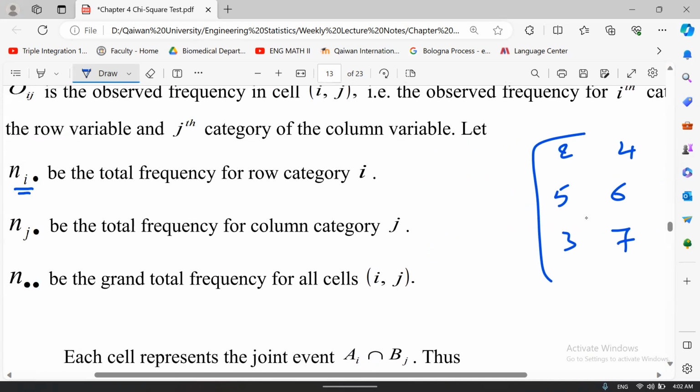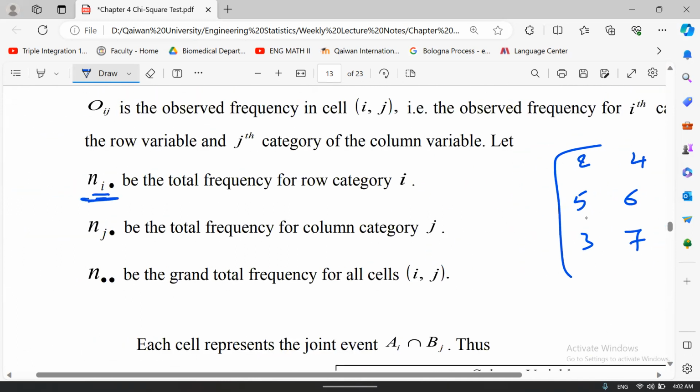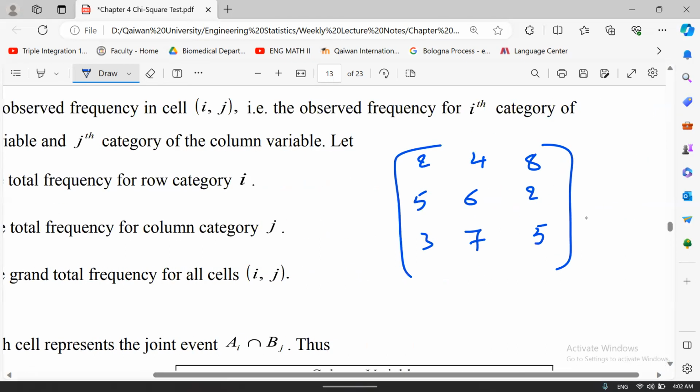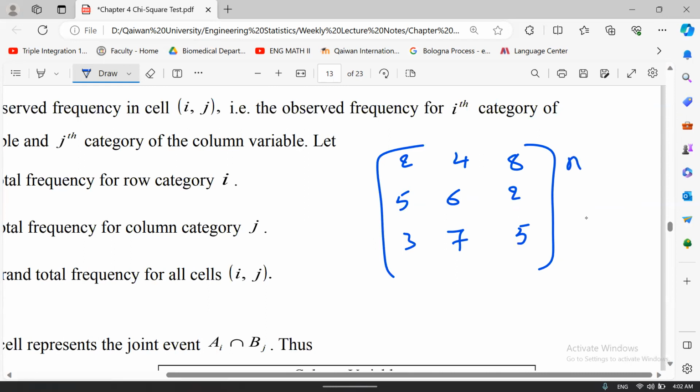Here n_i dot means the sum of the rows, one by one. n_1 dot means the sum of the elements in the first row. What's the sum of those elements? 2 plus 4 plus 8, which is 14. This is n_1 dot.